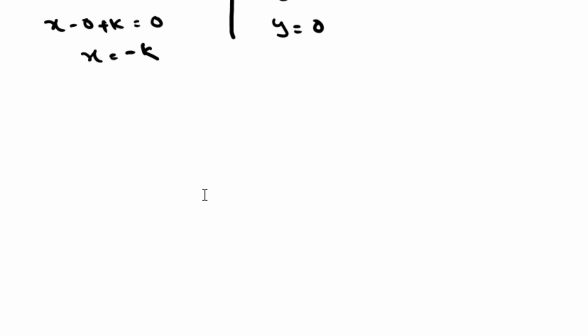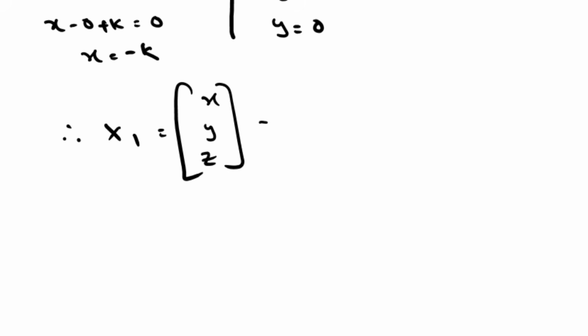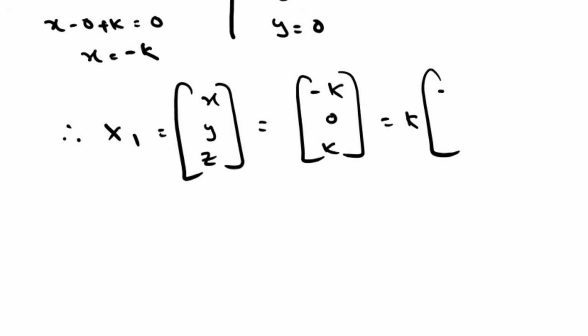Therefore the eigenvector x1 is equal to x, y, z equals minus k, 0, k. If you take k common, it is k into minus 1, 0, 1.